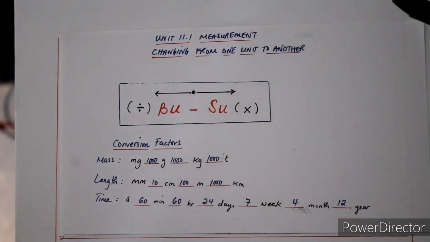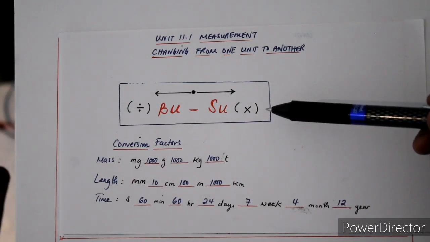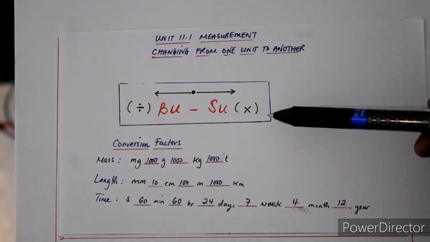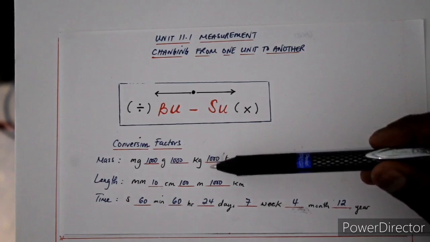But how can we change from milligrams to grams and grams to kilograms, or how can we possibly change from milligrams to tons? In order to do that, you will have to apply the Busu rule, bigger unit to smaller unit and smaller unit to bigger unit. Okay, so let's look at the conversion now.